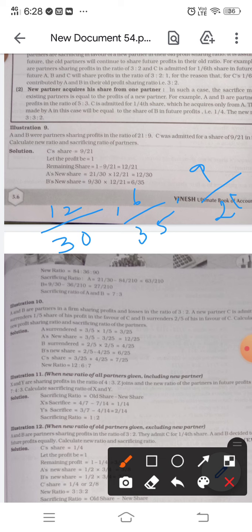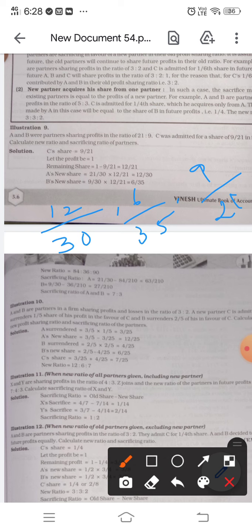So in this we have to find the LCM and we have to convert the denominators to the same. Okay. Next. So now in this sum they asked to calculate the new profit sharing ratio and also the sacrificing ratio.